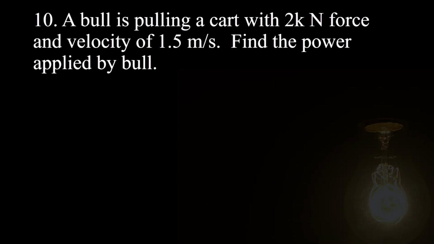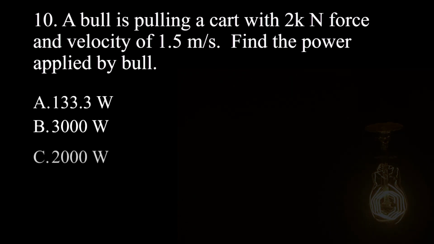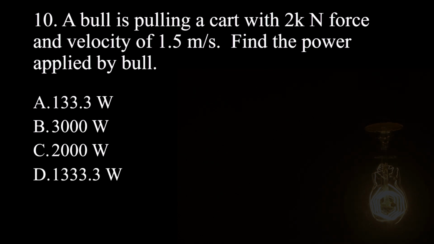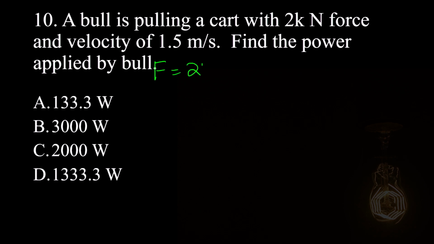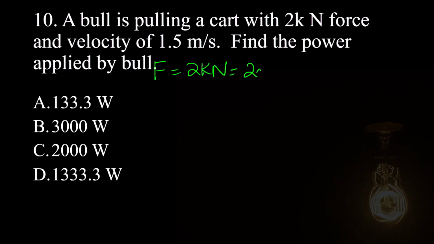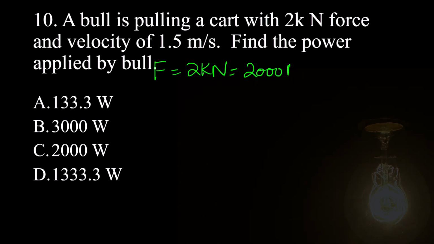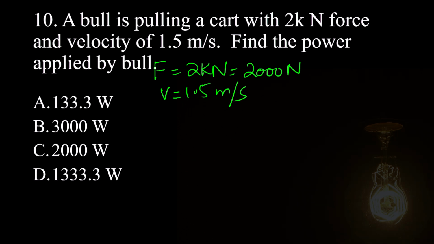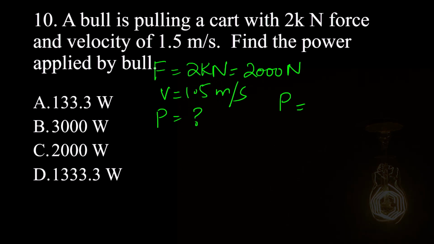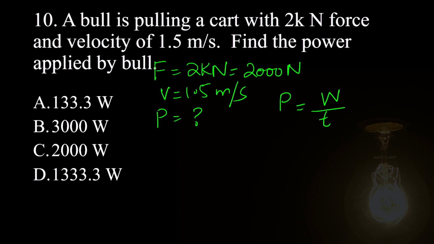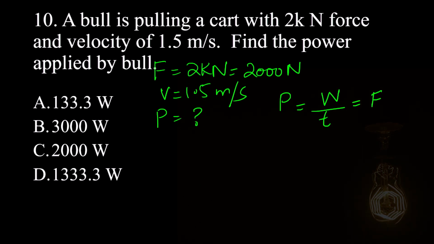A bull is pulling a cart with a 2k Newton force and a velocity of 1.5 meters per second, and you have to find the power. The force is given as 2k Newton, and k means 1000, so 2 into 1000 will be 2000 Newton. By the definition of power, power is the ratio of work done and time, and work done is force into displacement per unit time.